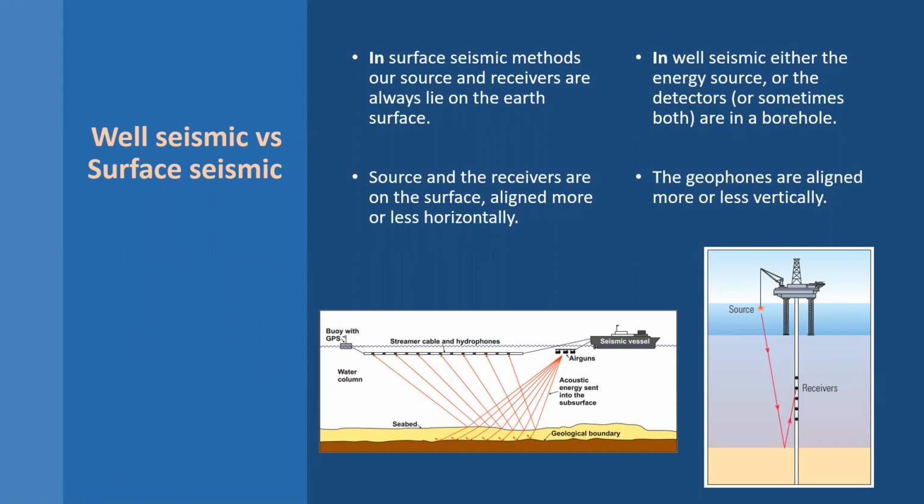The example I have shown here is of a marine seismic survey, while in the case of land surveys, the Earth's topography can also be a factor. So this was the difference between well seismic and surface seismic. The basic difference is that in well seismic, source or receiver, one is in the well and the other is on the surface, while in the other case, both are almost on the surface or near the surface.